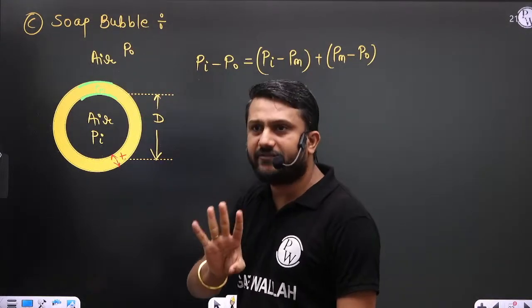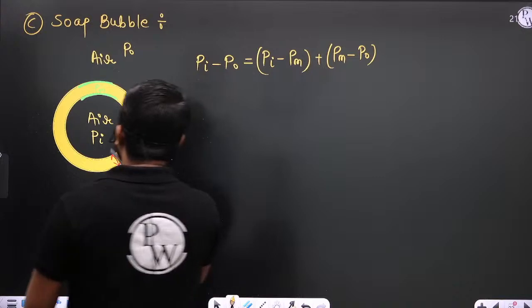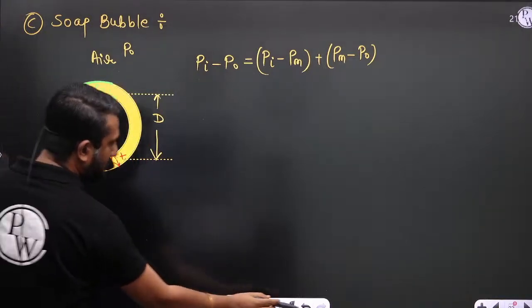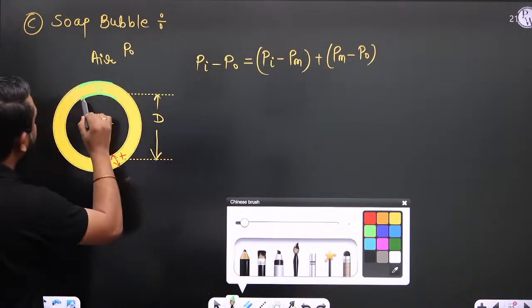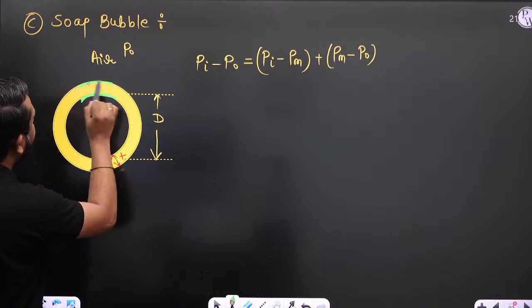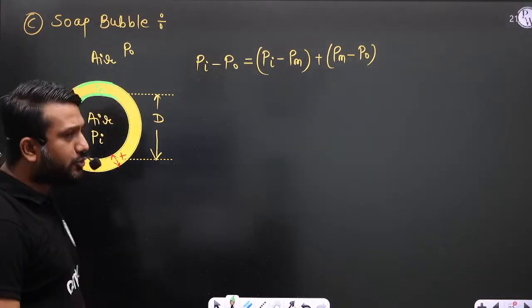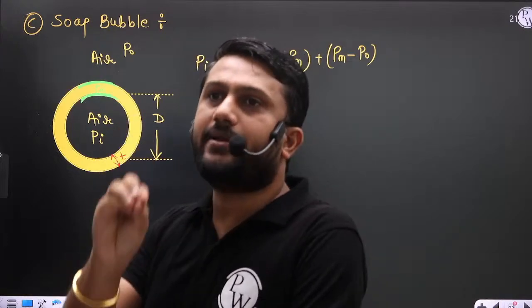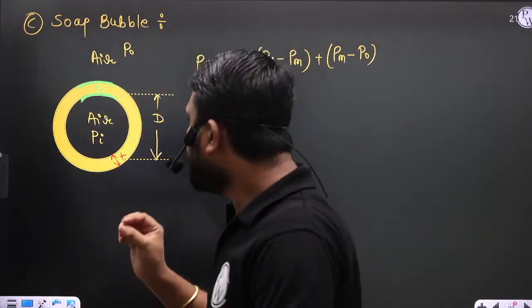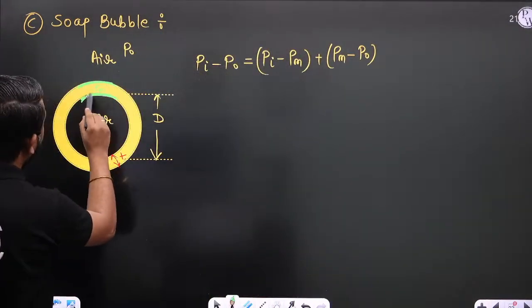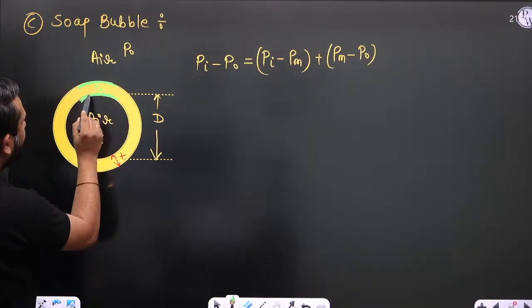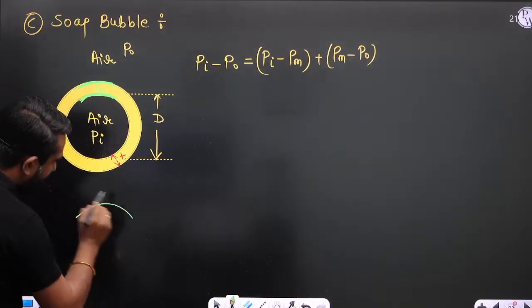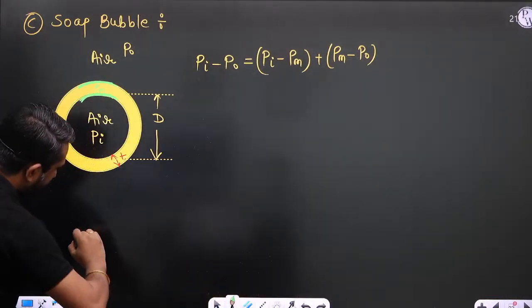There are two interfaces now, beta. This is the one interface, this is the another interface. So my objective is calculation of Pi minus P naught. Let us consider this is the interface number 1.